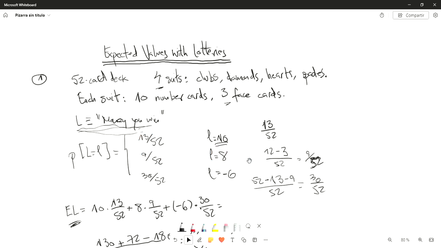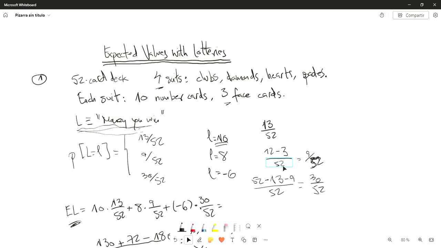Now the next option is that we win $8, and that will happen if you pick a face card which is not a heart. Now, how many face cards? This is again favorable outcomes divided by the total number of possible outcomes.